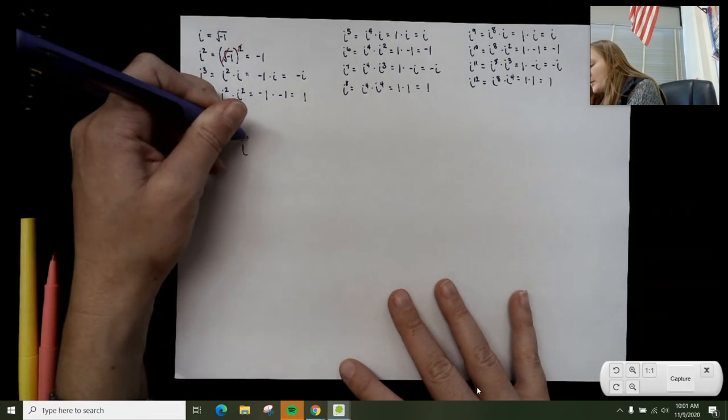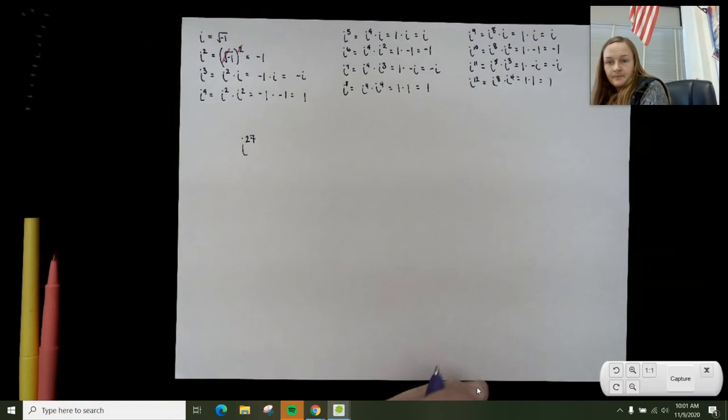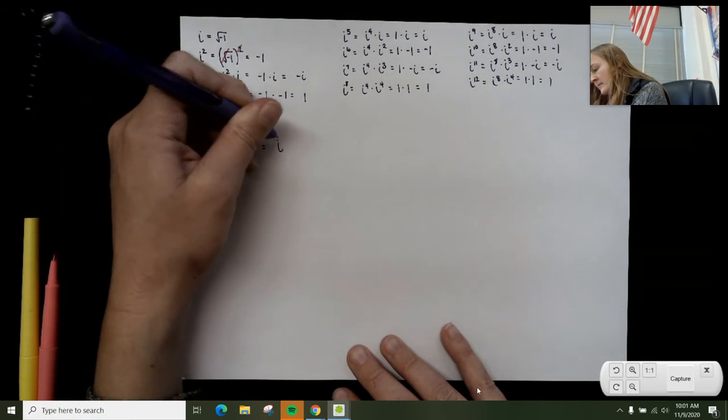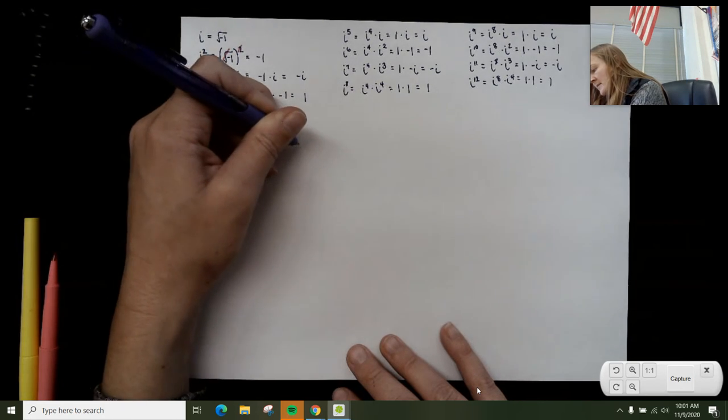Let's say i to the 27th. So one way you can do this is to divide the power by 4 to see where it falls within a cycle. So the closest value to 4 would be i to the 24th times i to the 3rd.